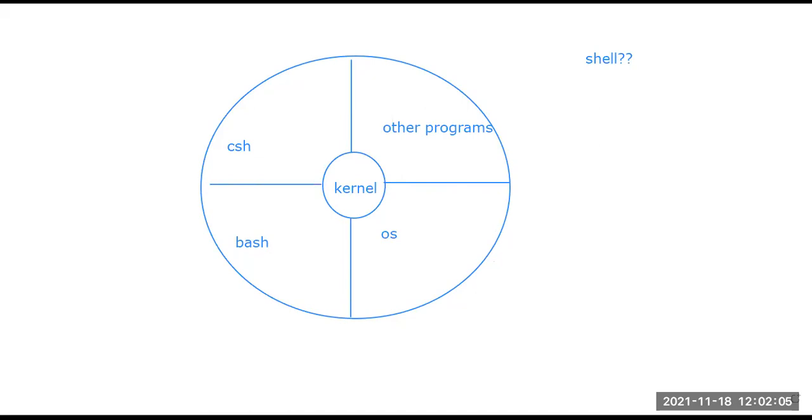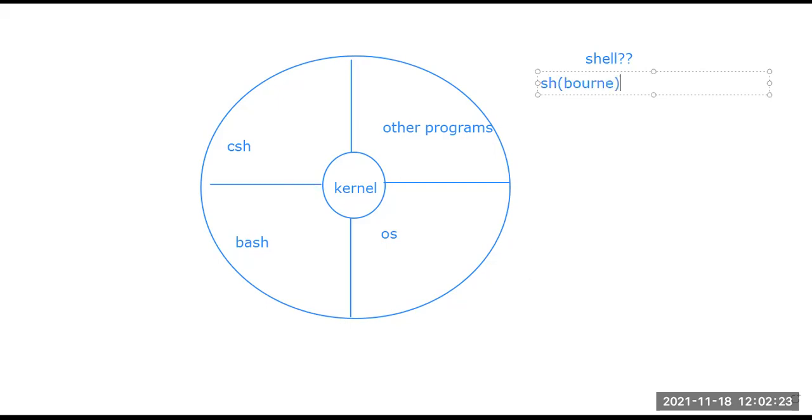There are several types of shells, or different shell names. What are the names of those particular shells? The first one we can talk about is SH, also known as Bourne.